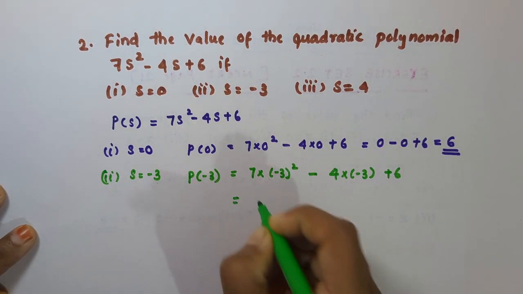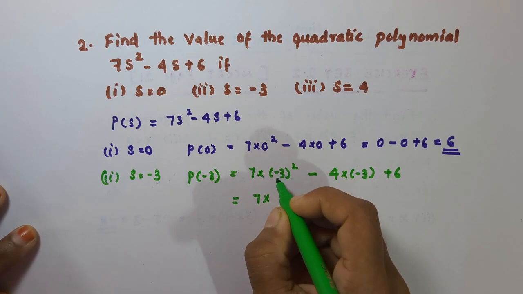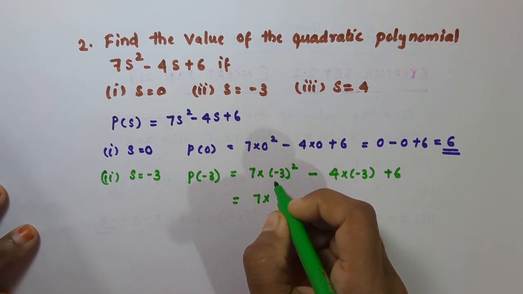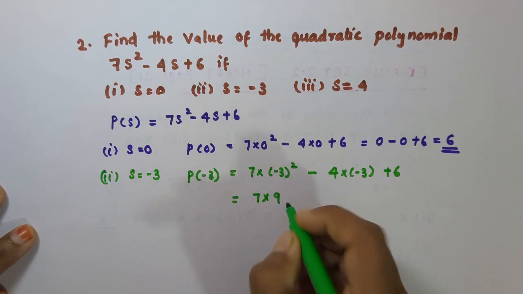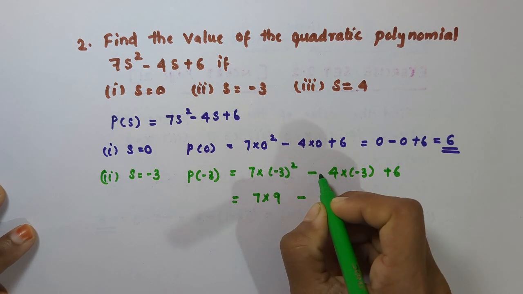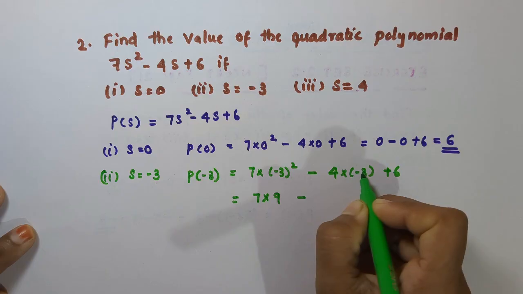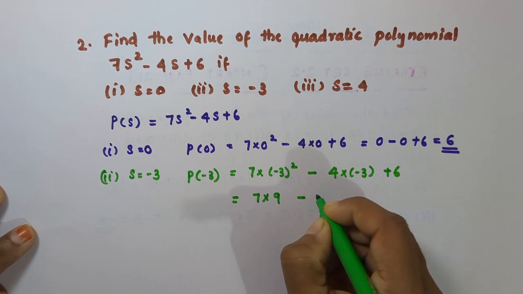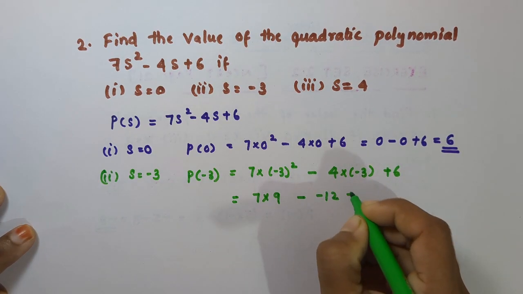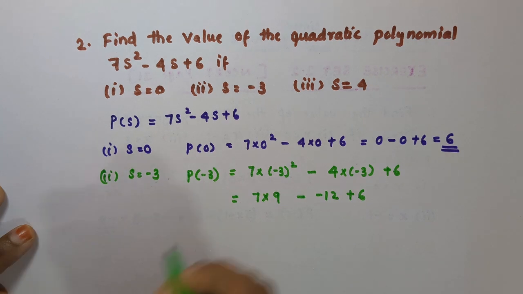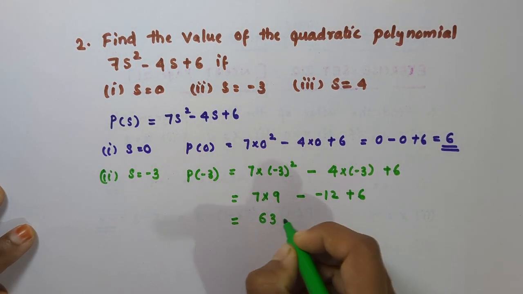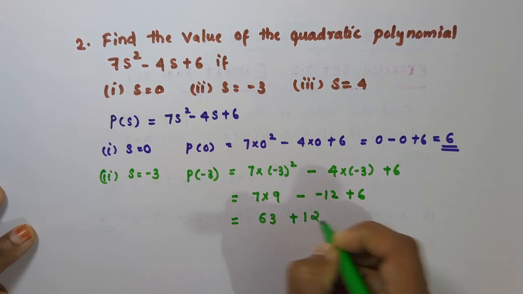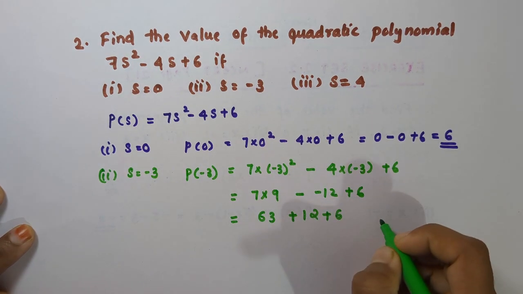So this can be written as 7 into minus 3 all square. Minus 3 all square is 9. Minus square is plus, 3 square is 9. Minus 4 into minus 3. 4 into minus 3 is minus 12. Okay, plus 6. So this can be written as 7 9s are 63. Minus into minus becomes plus 12 plus 6.